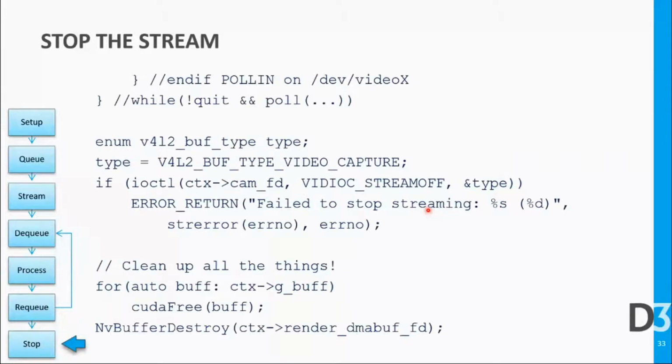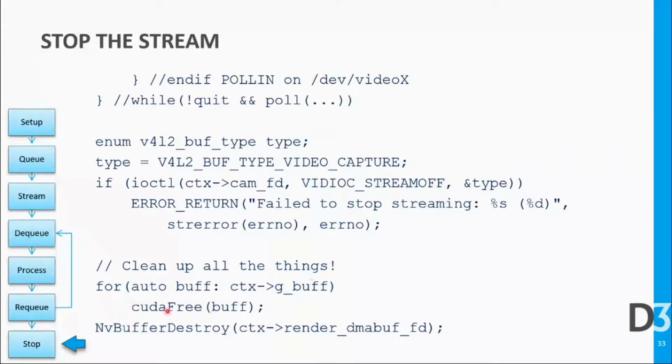Okay, so we stream for a while, and when you hit escape or timeout or whatever your stop condition is, time to shut down. Stream off is just as easy as stream on. This is a video capture, and we're done. And then clean up after yourself.